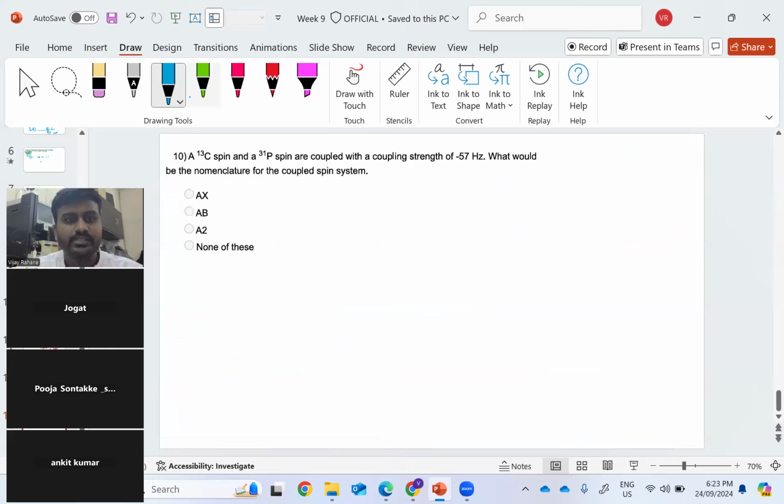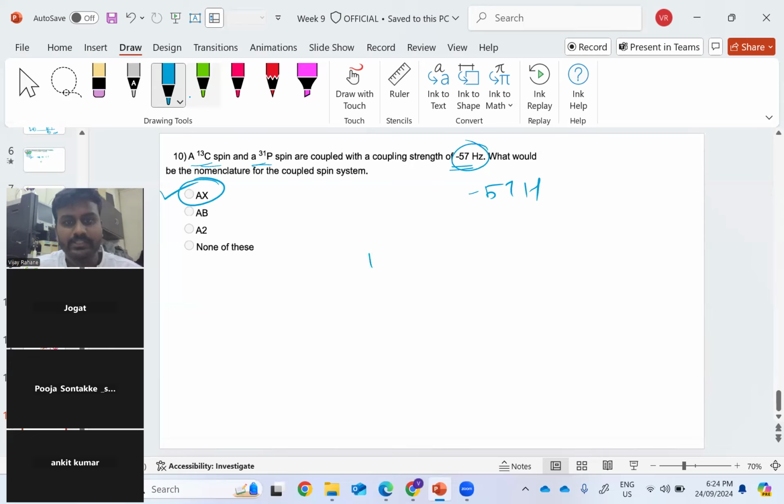The next question is regarding 13C spin and phosphorus 31 spin coupled with a coupling strength of 57 hertz. What will be the nomenclature given for this spin system? If you look at this, the coupling constant value is quite high. So it will be an AX spin system.